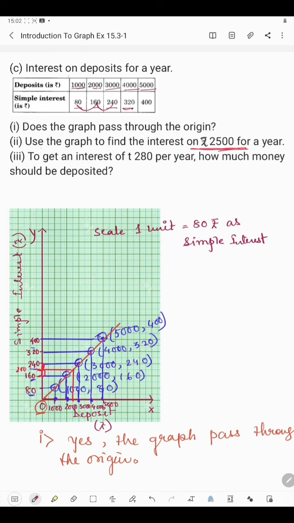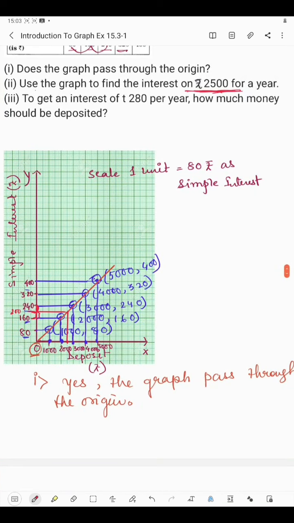Okay, so what we have got is, if you deposit rupees 2500, then you will get the interest as 200. So we'll write the interest on rupees 2500 is rupees 200.